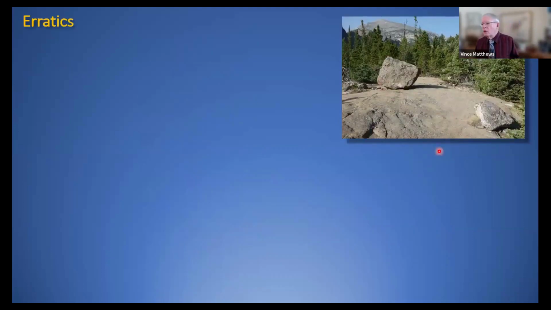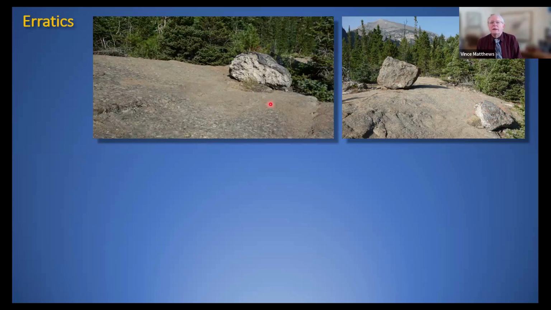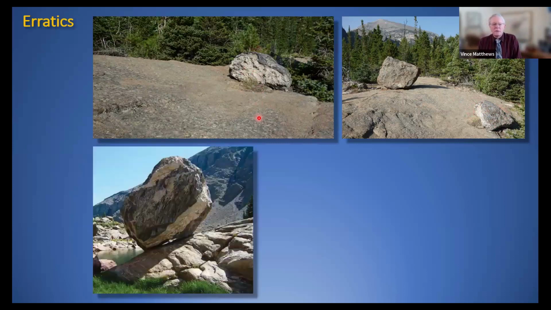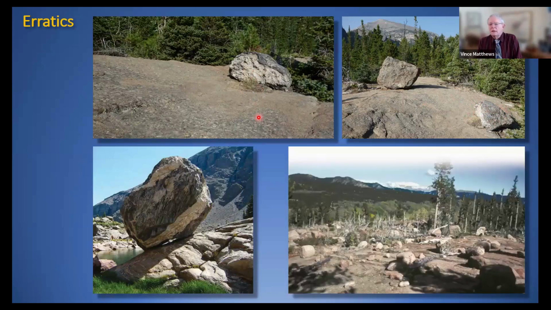Erratics, that's where boulders are left on pavement that they don't belong. This is a granite, the Estes Park granite up in the Rocky Mountain Park, and this is a metamorphic rock sitting on top of it. And you can look at it end on here. This one doesn't belong there.